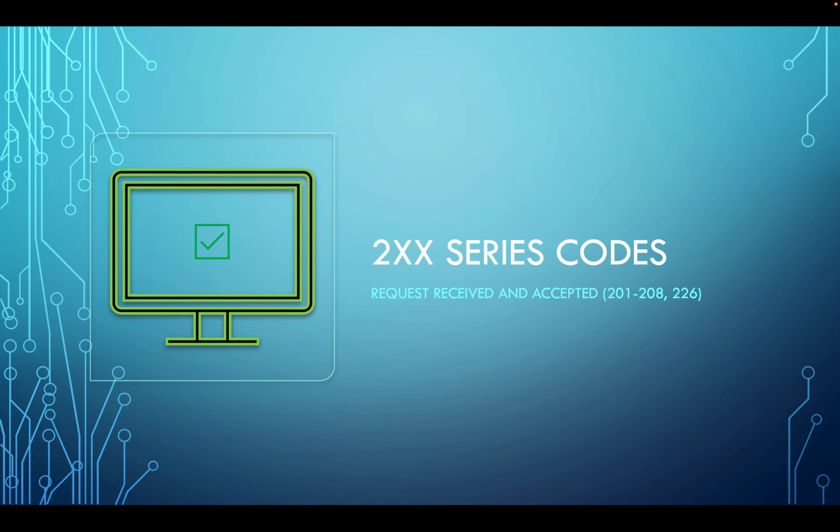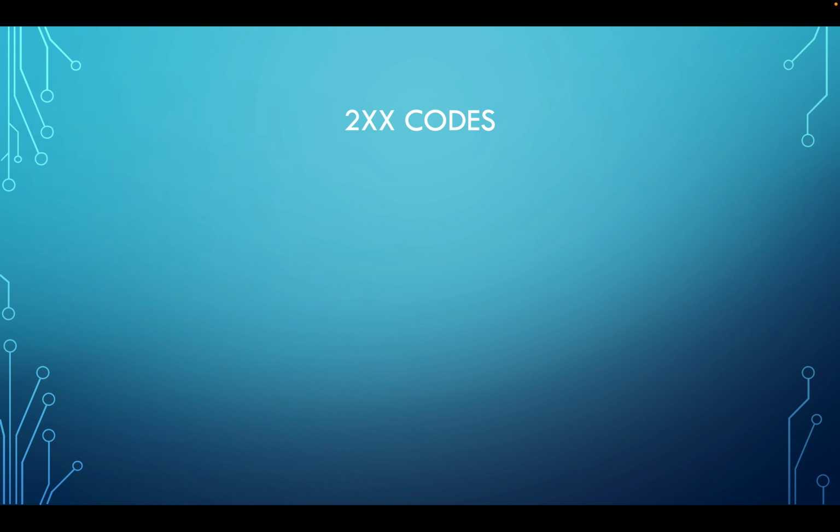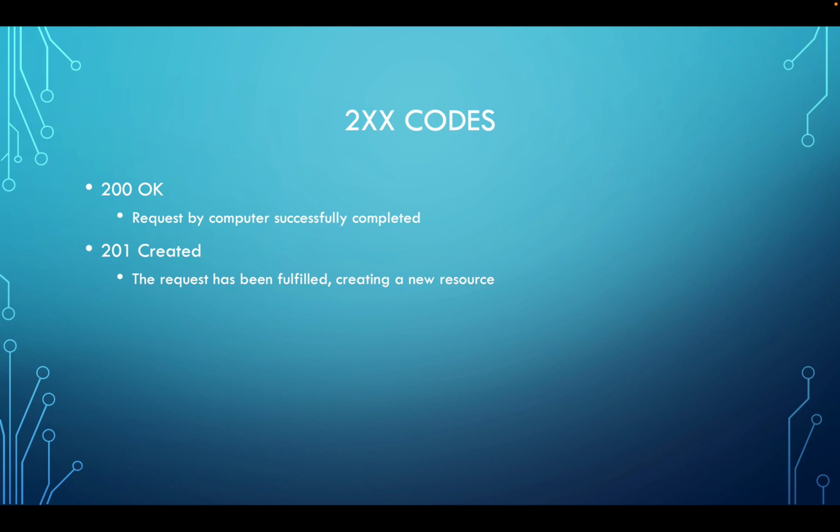And for the 200 series codes, it means the request has been received and is accepted by the server. The first one is 200 OK, which means the request by the computer has been successfully completed. And 201 is Created, which means the client wanted to make something new and the server has done it.